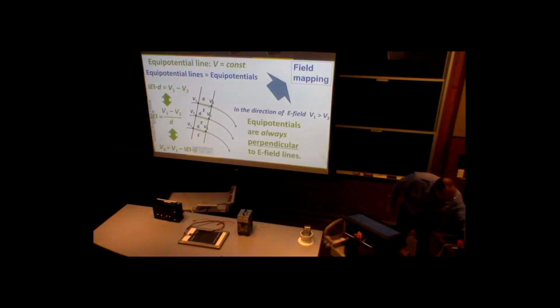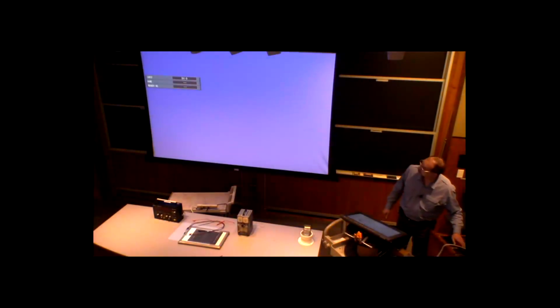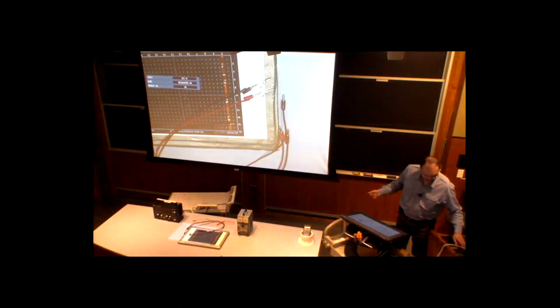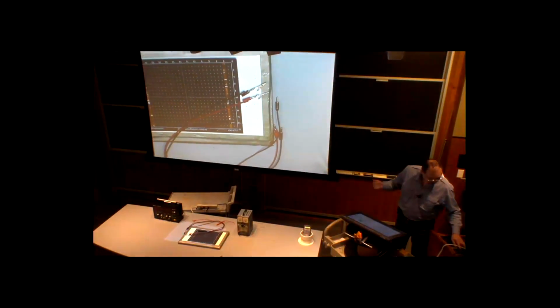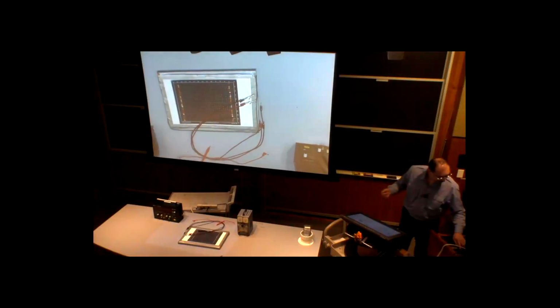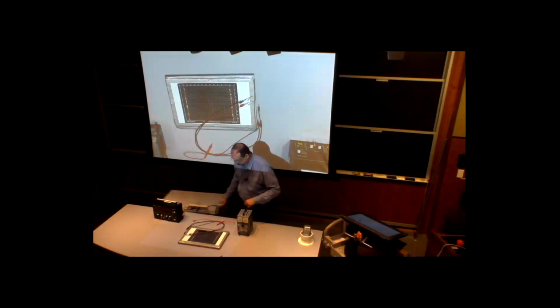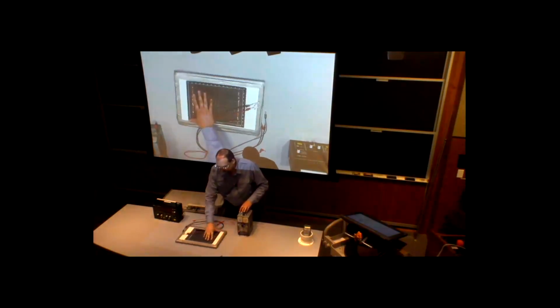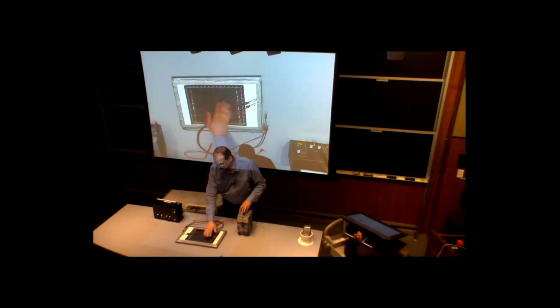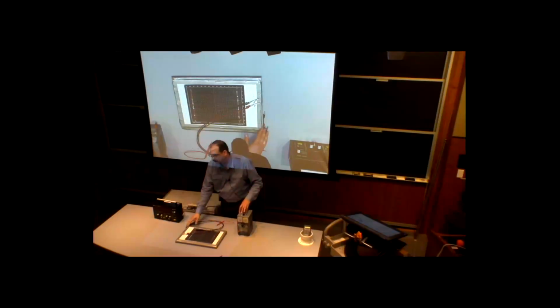So let's see if it works. It never works until you flip the fingers. So you should look at this paper. This is a carbonized paper. It has a layer of carbon, and the carbon is a conductor.